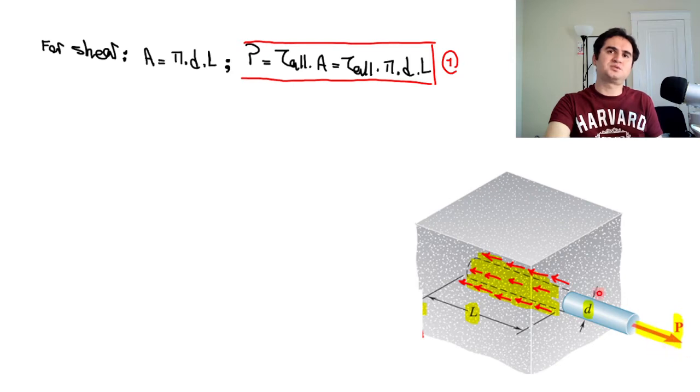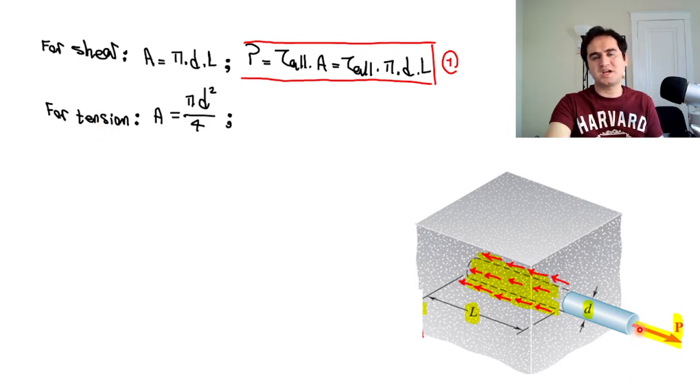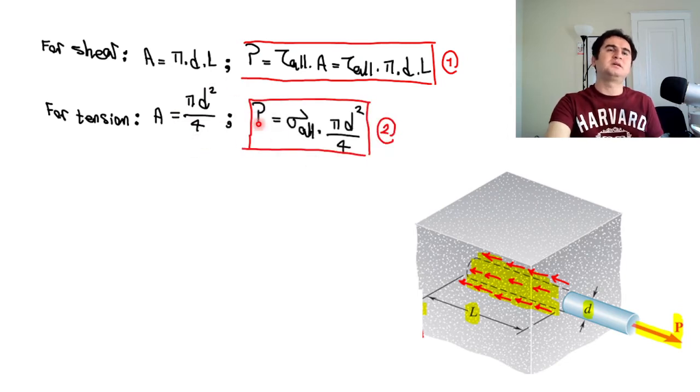and likewise our force: the pulling out force should cancel out the force, which would be equal to the allowable shear times the appropriate area, which is pi d L. On the other side we have a tension, a pulling force, which applies to the cross-sectional area shown here, and that's nothing but pi d squared over 4, a quarter of pi d squared. Again the force is equal to sigma allowable times pi d squared over 4.